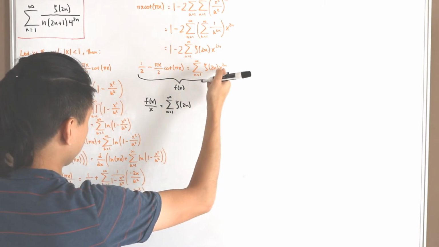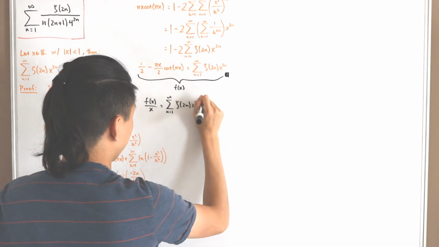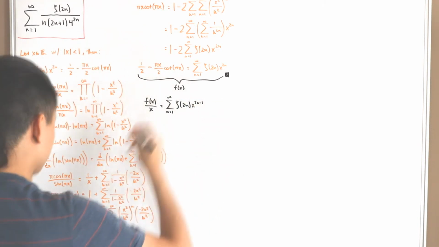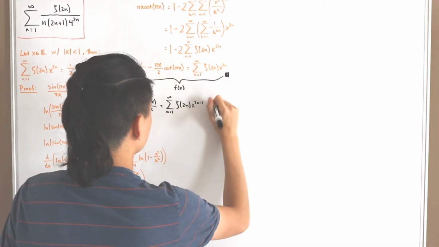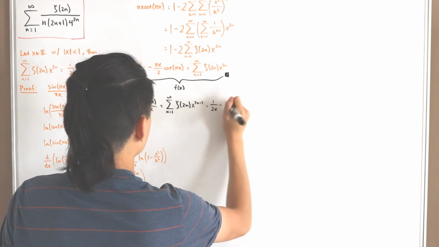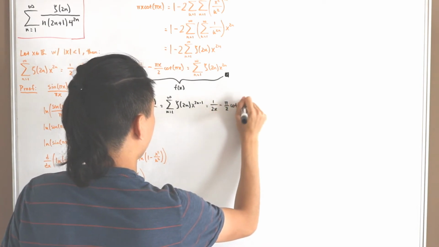They share the same base, so basically I'm just subtracting 1 from the exponent. So this is x to the power 2n minus 1. Next, we just divide everything by x here. So this is equal to 1 over 2x, minus pi over 2 times cotangent of pi x.